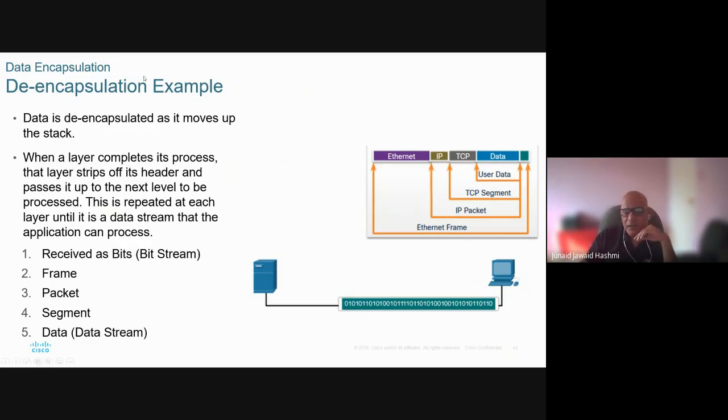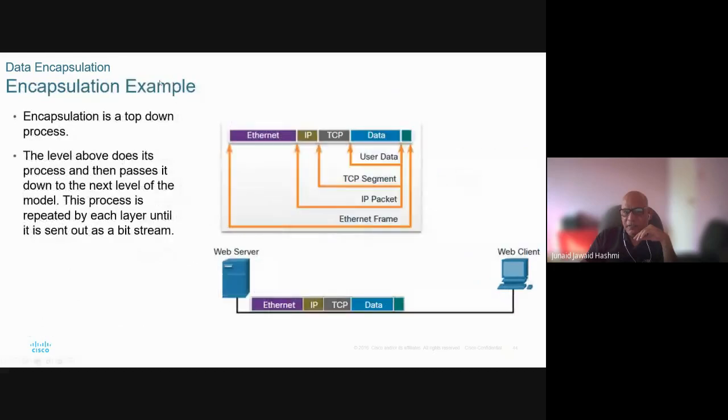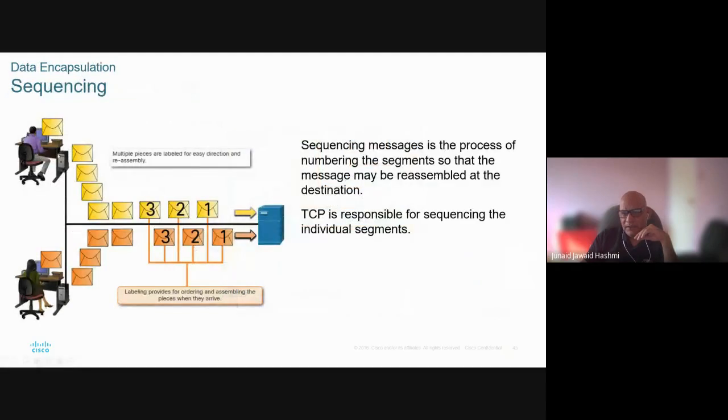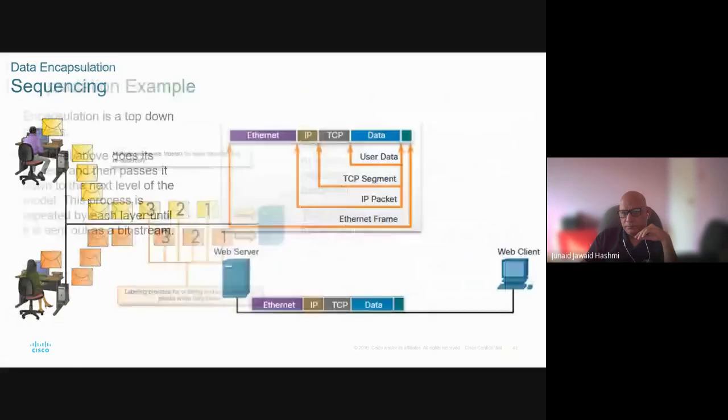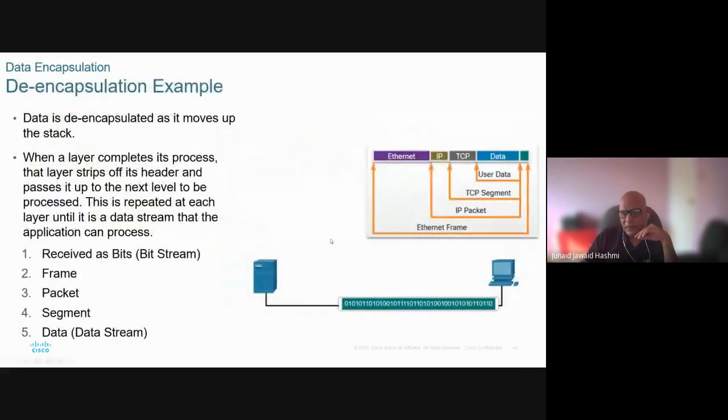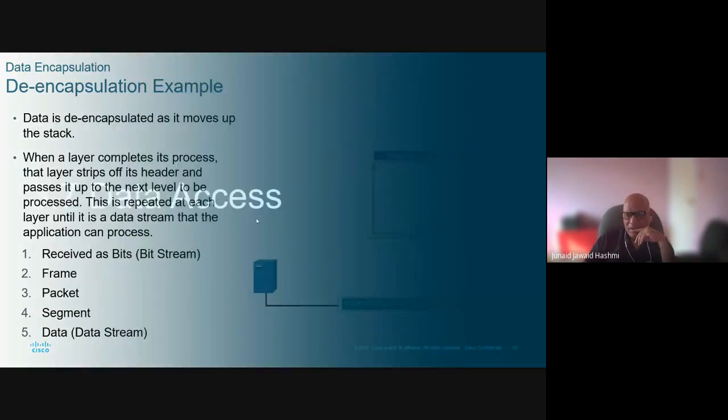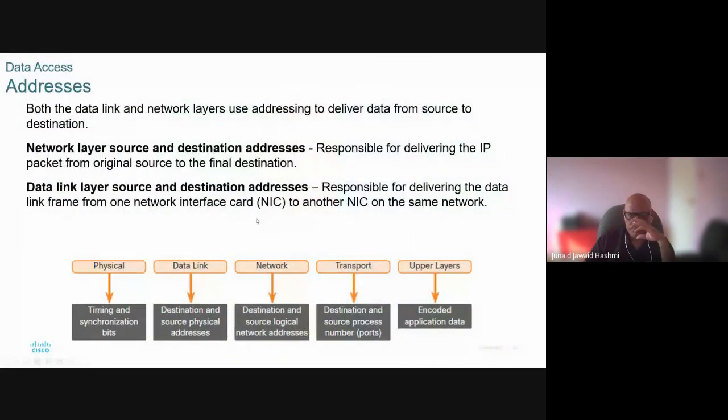Once it's encapsulated at the source, and at the destination, it's de-encapsulated. So it starts from the bottom. Ethernet receives the frame, and then it looks at the IP address, the TCP/IP segment, and finally it sees the data. So the whole process is decapsulation.